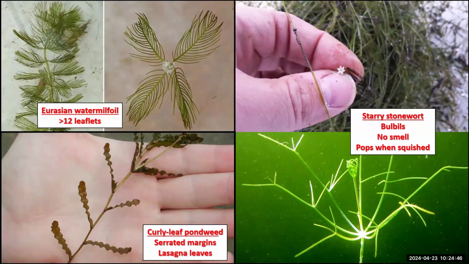When it's mature, you have the alternate branching. The margins are serrated. That's the key indicator. And then starry stonewort. Look for those bulbils. Nothing else does that. It doesn't smell like muskgrass. No odor with starry stonewort, and it pops when you squish it. So be on the lookout. Report those if you see them, please.